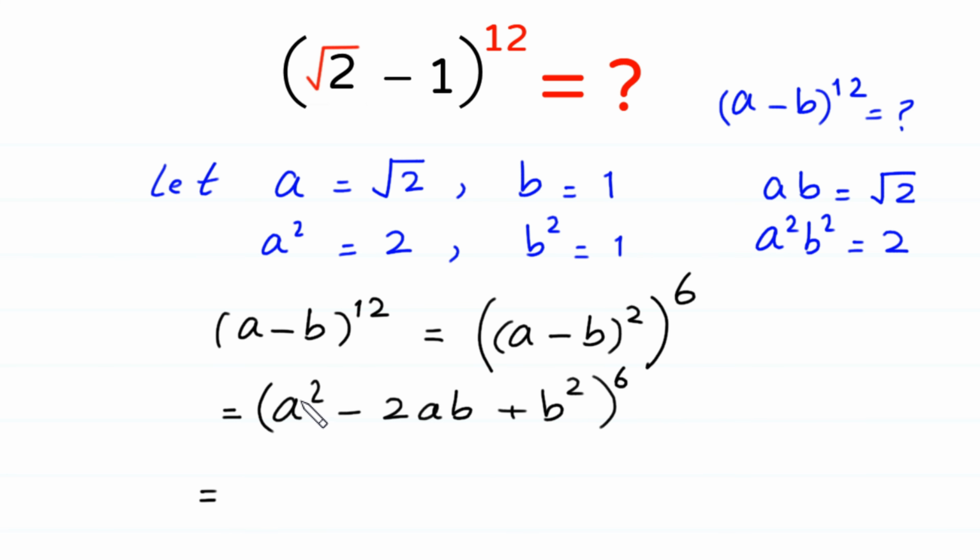Now here we put the value of a square, 2, from here, and here we put the value of b square, 1, from here. Value of a square, 2, minus 2ab plus value of b square, 1, whole to the power 6.